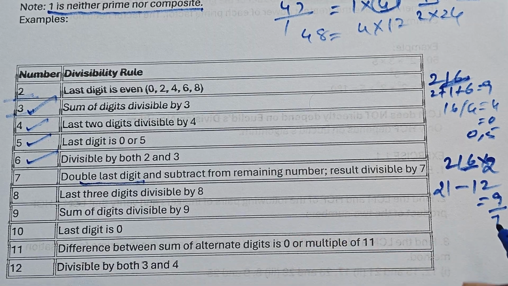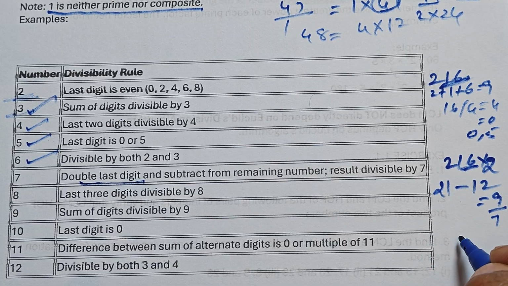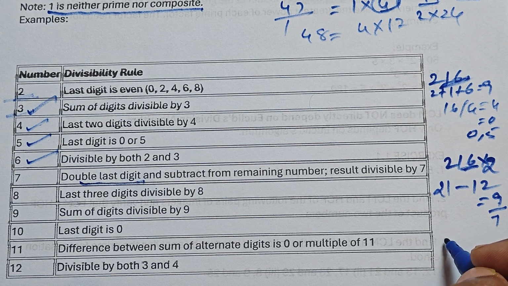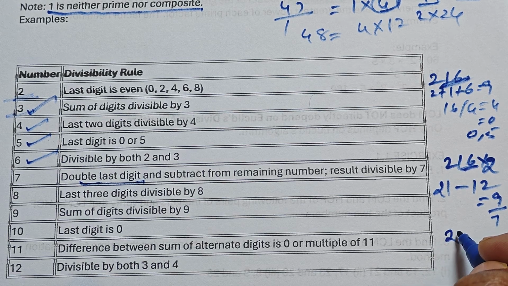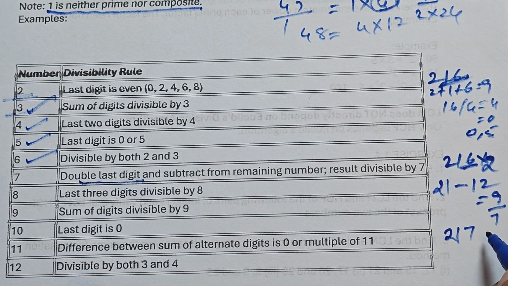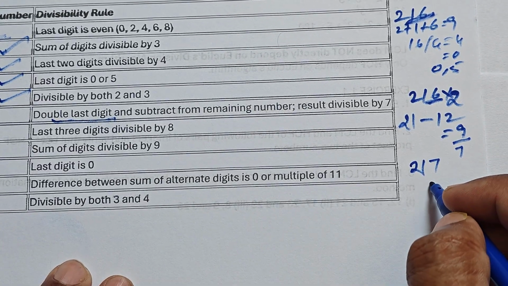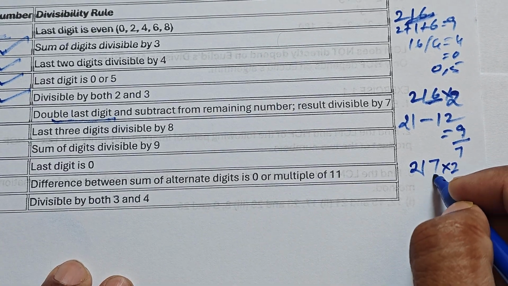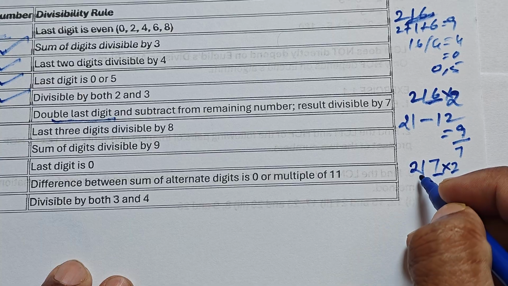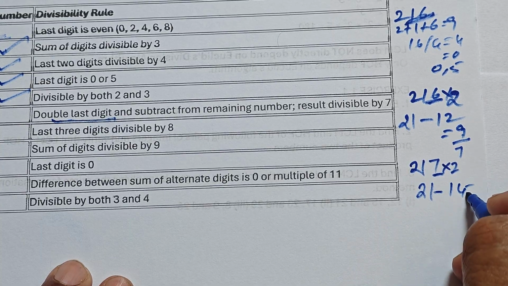Suppose I change 216 to 217, because I know 217 is definitely divisible by 7. What we do in this case is double the last digit. 7 into 2 is 14, and from the remaining part, 21, we subtract this doubled digit, then it gives the value 7.